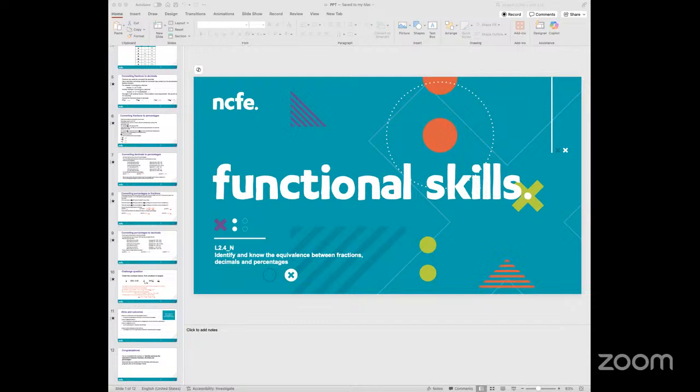So percentages can be used for comparisons. Sometimes I say, okay, I think this company's product is 50% better than the other company's product. So what is the practical application of studying this particular topic? That is what I'm explaining. When we look at fractions, decimals, and percentages, I've started with percentages.